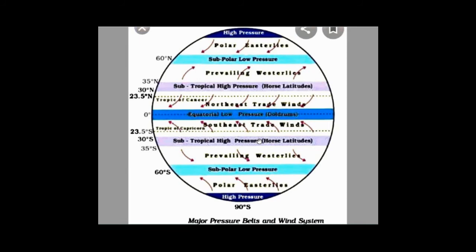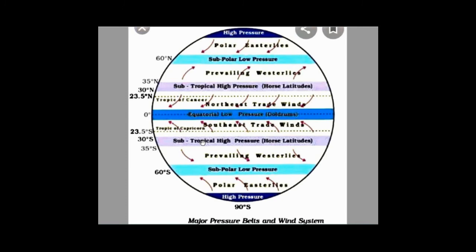Second point is, from the polar region to this subtropical region, large air masses drift due to the rotation of the earth, which results in high pressure conditions in this belt.